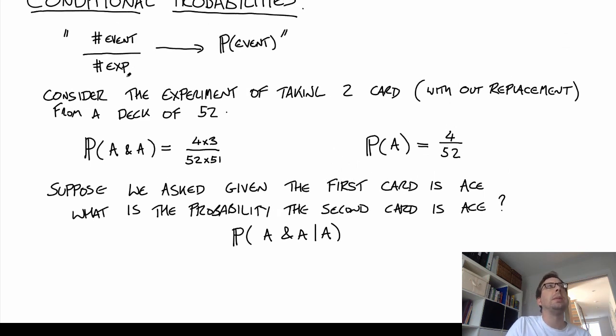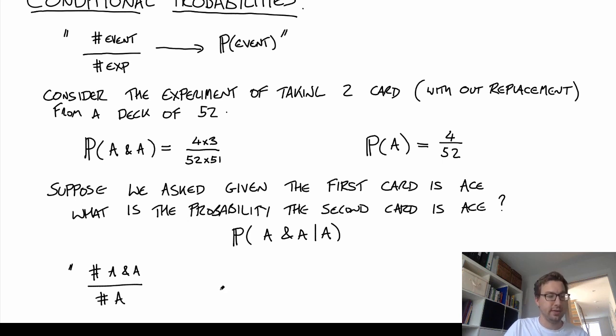Before, remember, it was the number of times that the event we're interested in had occurred divided by the number of experiments. Now when we're saying given, we're looking at the number of times that we get ace and ace, but not relative to the number of experiments that have happened, but relative to the number of times that just an ace has happened for the first card.